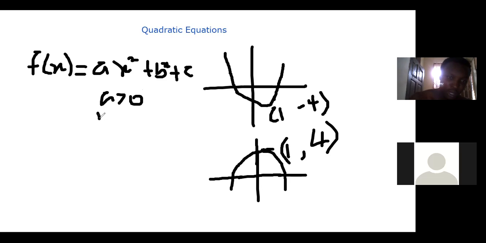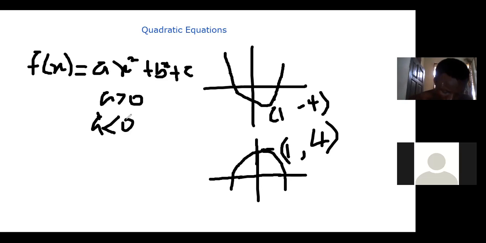However, when a is less than 0, which is when it is negative, because only a negative can be less than 0, then the equation will give us a maximum value.